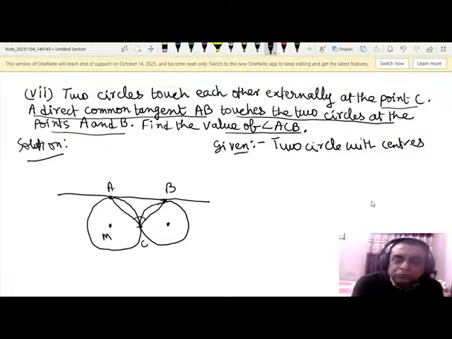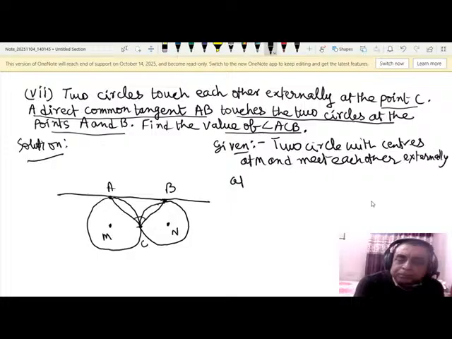First center you call M, other center you call N, suppose. So two circles with the centers at M and N meet each other externally at the point C.